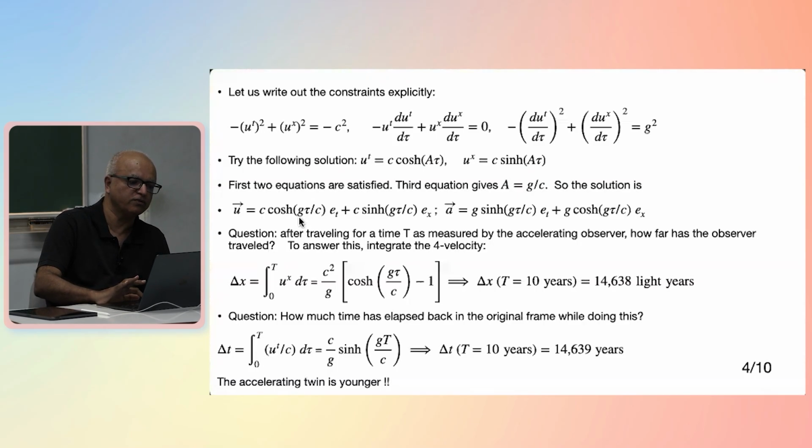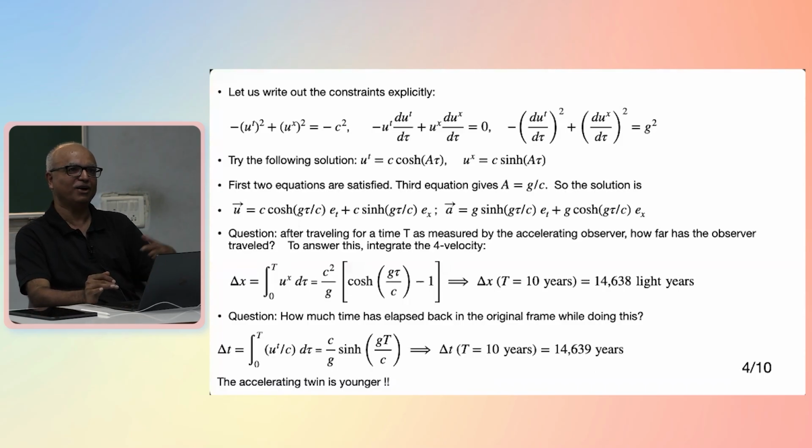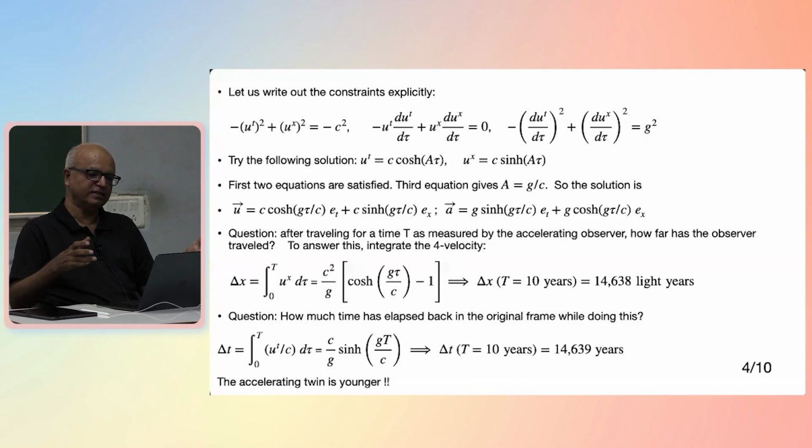So, ut is given by this cos hyperbolic, the time component, integrated sinh and put the time limits, and lo and behold, for 10 years you get, now you know who is younger. The guy who was not accelerating has 14,639 years passed, and the accelerating guy only 10 years have passed. So, the accelerating fellow, the twin paradox, the guy who went and came back is younger.